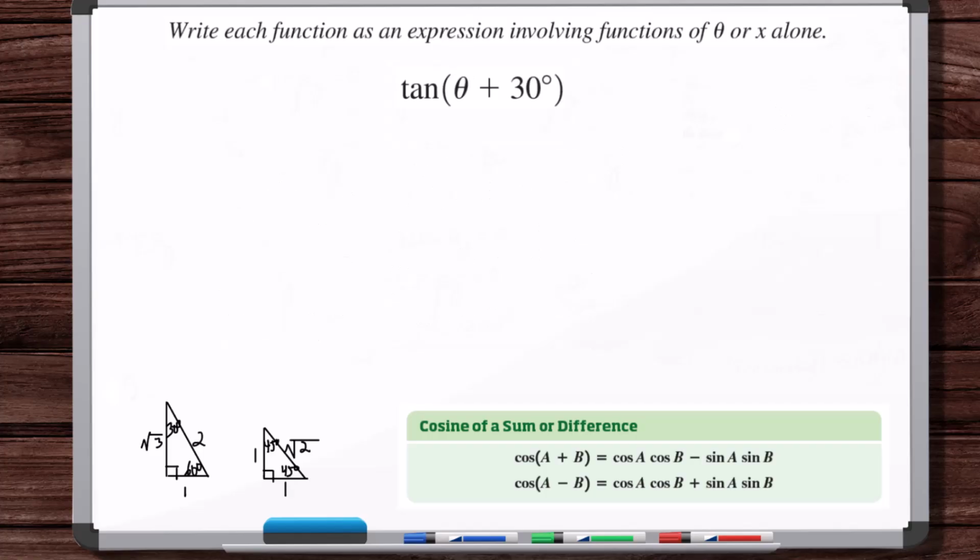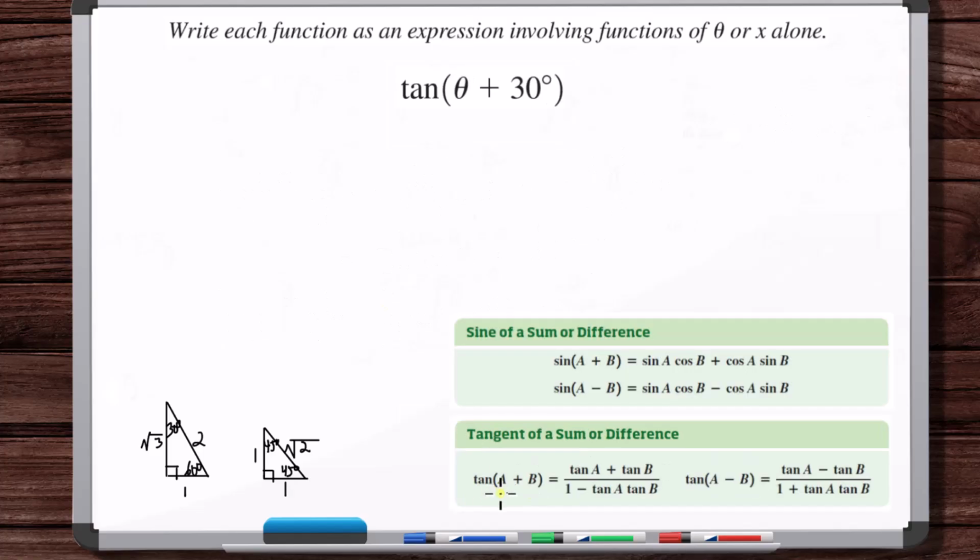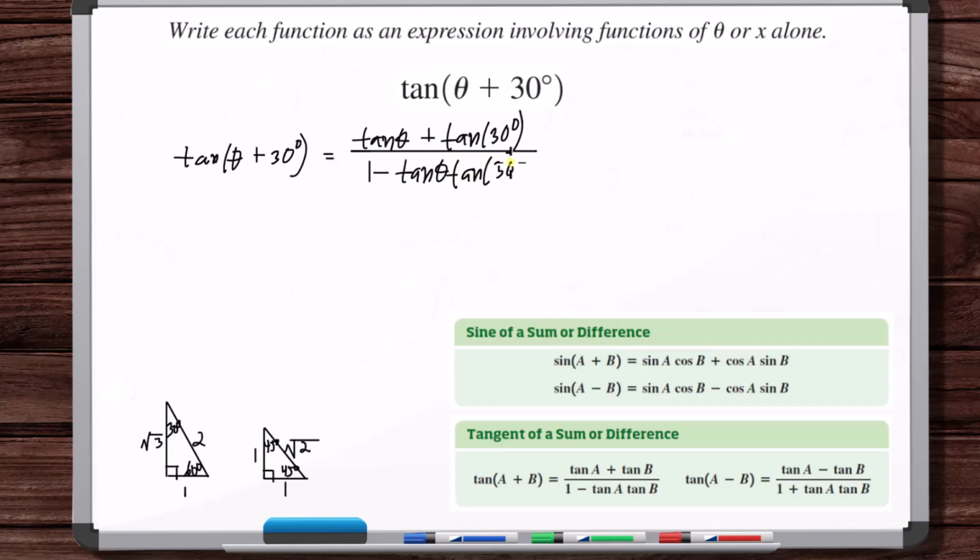Okay, so now we have a tangent. Let's use the sum formula for tangent to expand this out. So tangent of theta plus 30 is equal to tangent of theta plus tangent of 30 over 1 minus tangent of theta tangent of 30. Okay, tangent of 30, we can see opposite over adjacent, 1 over root 3.